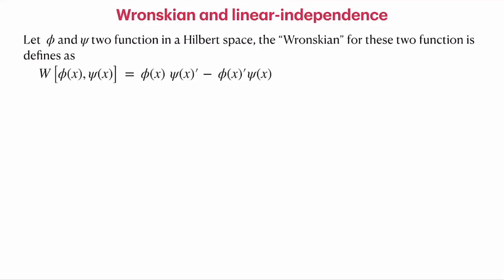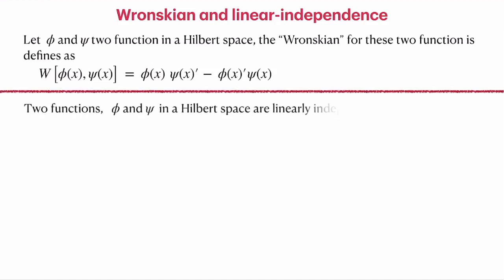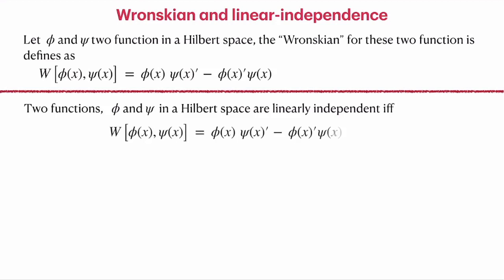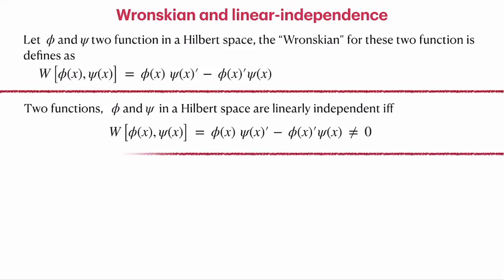The Wronskian of phi and psi is equal to phi psi prime minus phi prime psi. By the previous result, which we have seen explicitly, two functions phi and psi in a Hilbert space are linearly independent if and only if their Wronskian, phi psi prime minus phi prime psi, is not equal to 0.